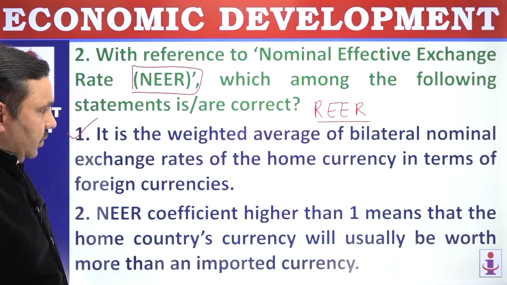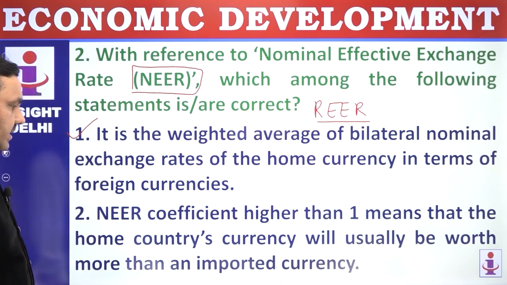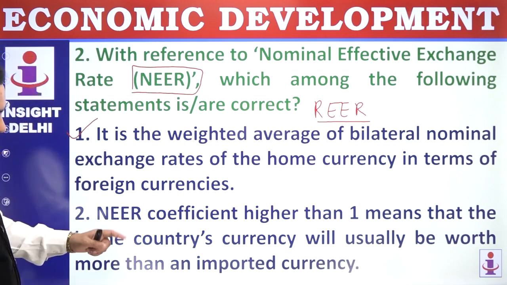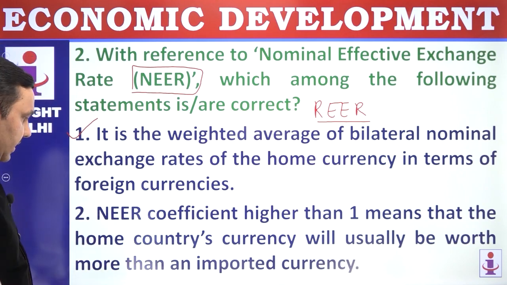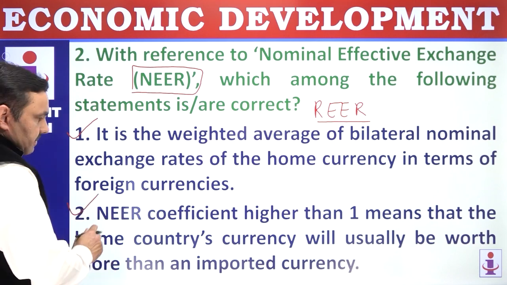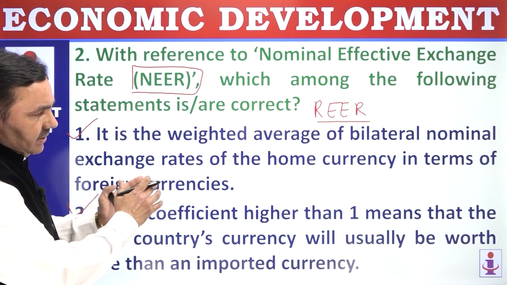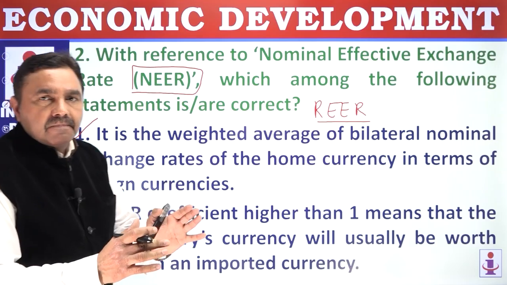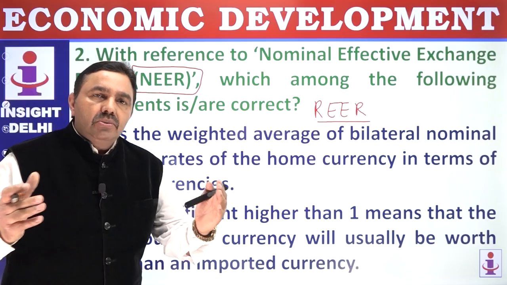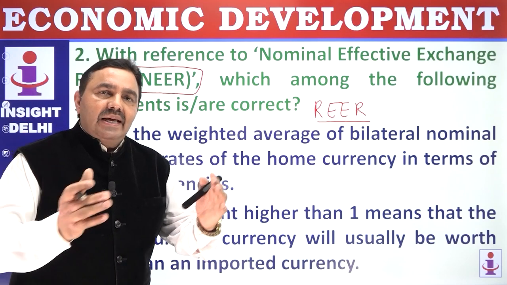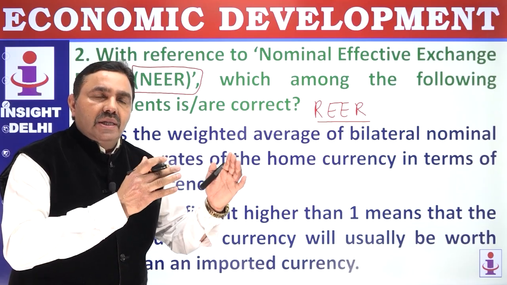An index coefficient higher than 1 means that the home country's currency will usually be worth more than an imported currency. That's correct. It means if our currency is more in demand, its worth is more. If our currency is less in demand, its worth is less.